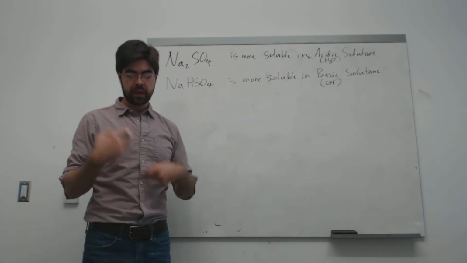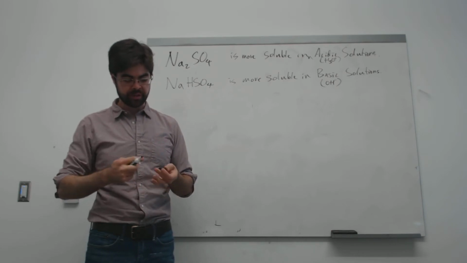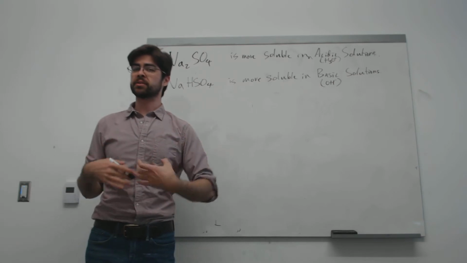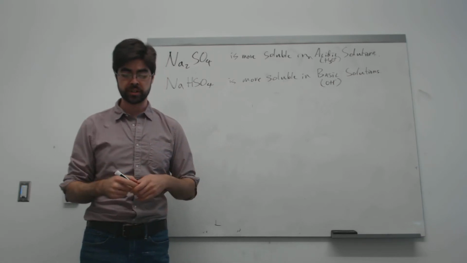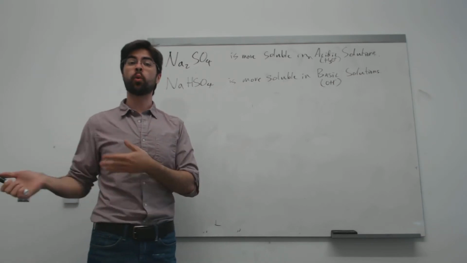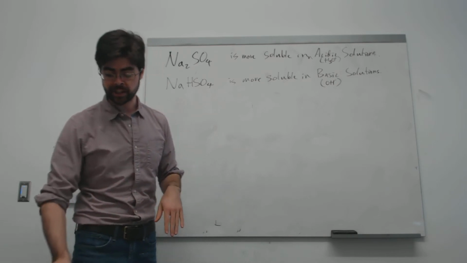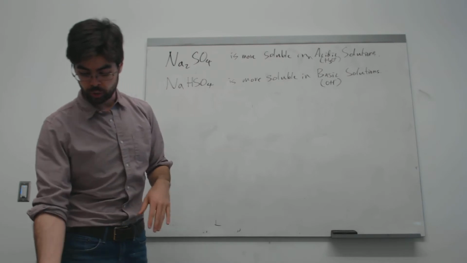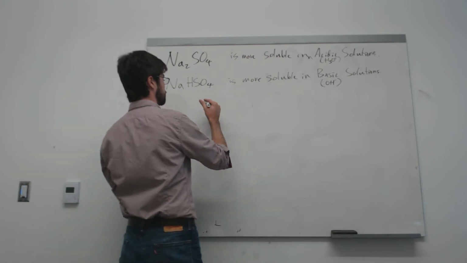So how do we explain these observations? What I would do is, again, think about this in terms of Le Chatelier's principle. So I need to know what are the equilibrium reactions that describe the solubility of these two salts. So the first one looks like this.